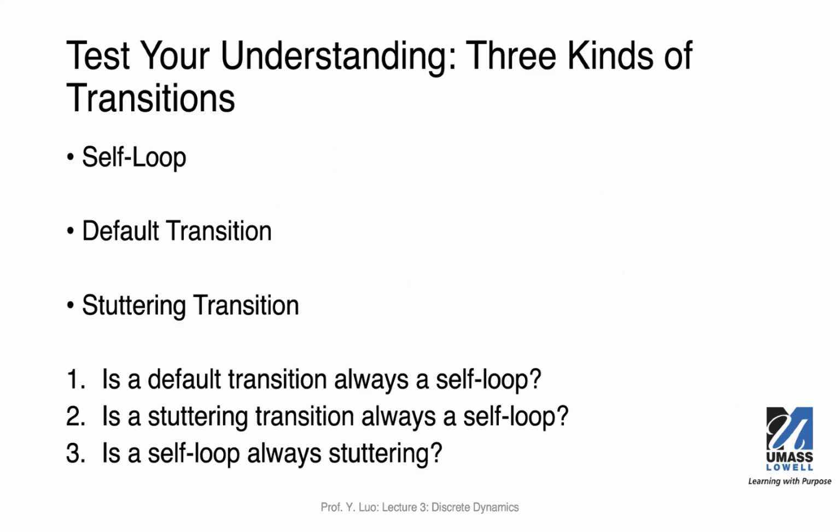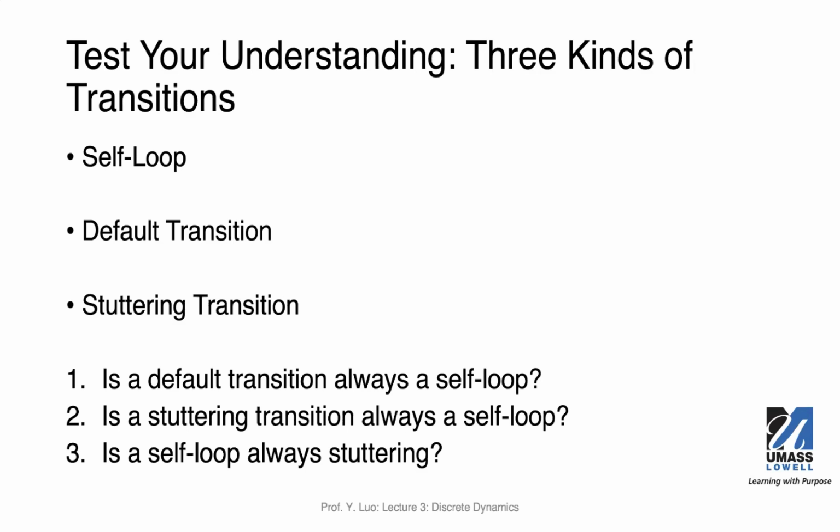So let's see if you can answer any of these questions. Is a default transition always a self loop? Yes. Any different opinions?